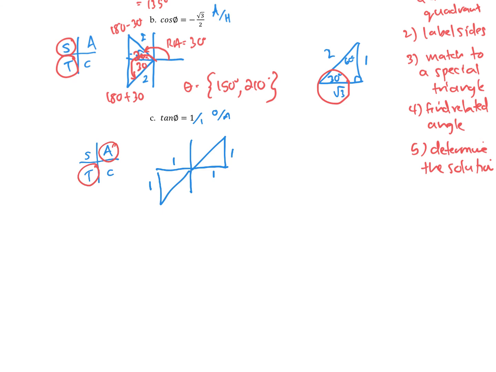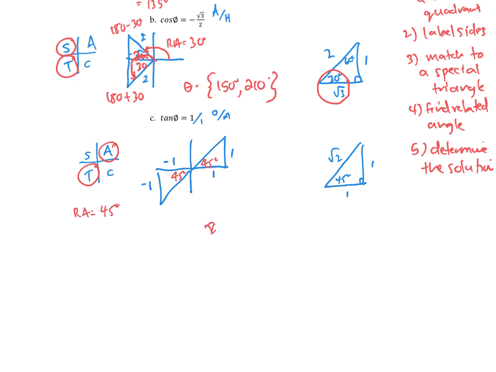In quadrant 3, both the x and y are negative, so that's why it's positive, because I have negative 1 divided by negative 1. Which special triangle does it look like? Well, it looks like the 45, because the 45 sides are 1 and 1. So the related angle is going to be 45 degrees. So this angle's 45 and this angle's 45.